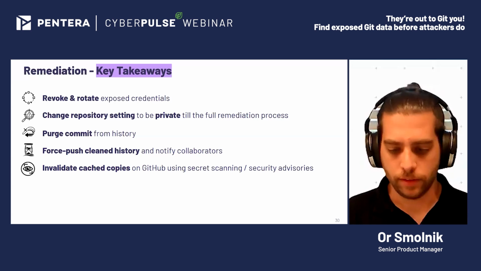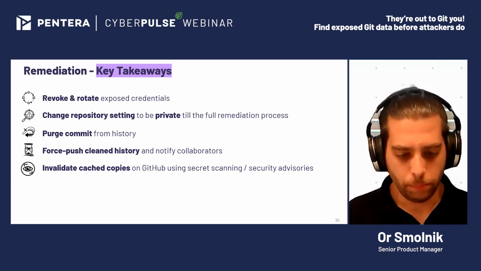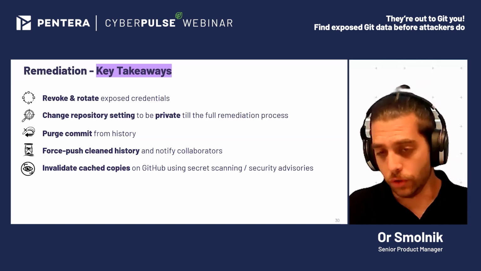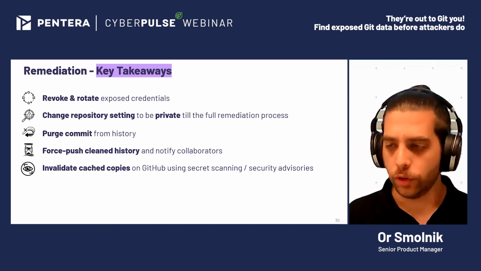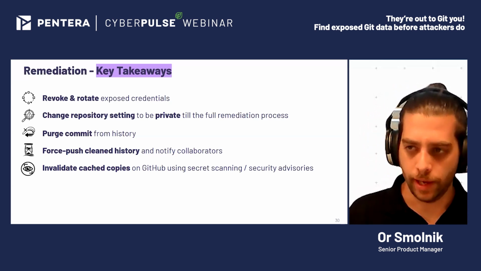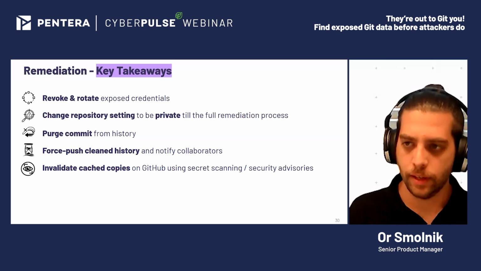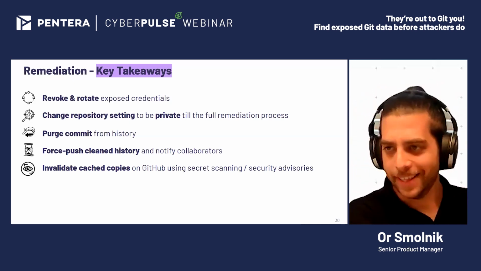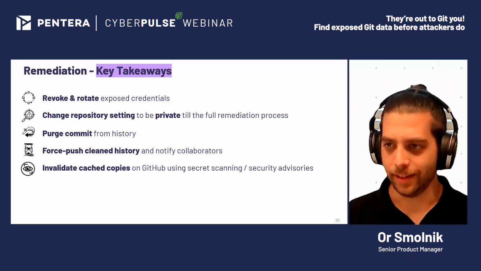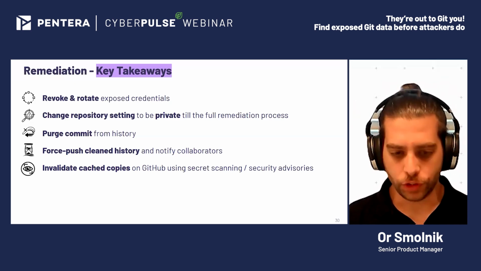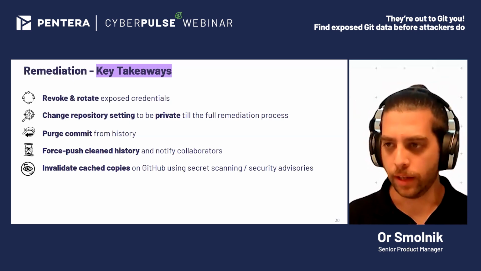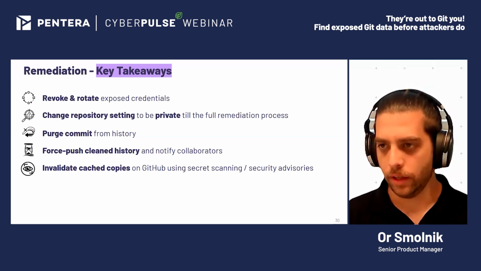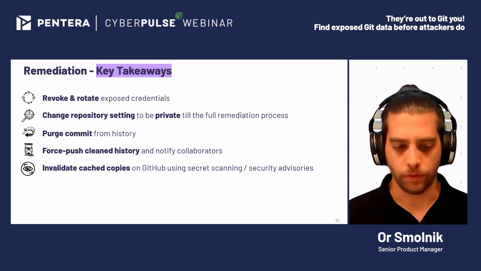And last but not least, there are lots of other people that can fork your Git repositories. So you want to make sure that they do the same action. You want them to pull and update to the latest version, so your credentials won't appear in their repository, which is a third party or supply chain attack that can happen later following that.